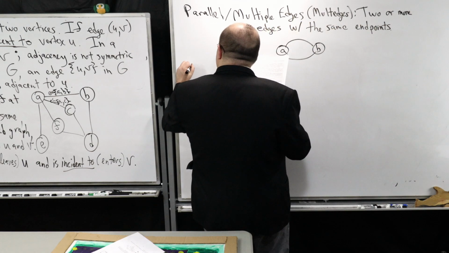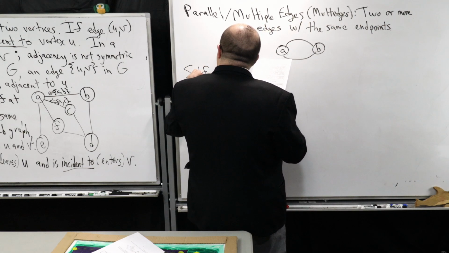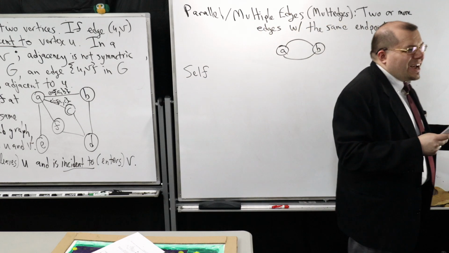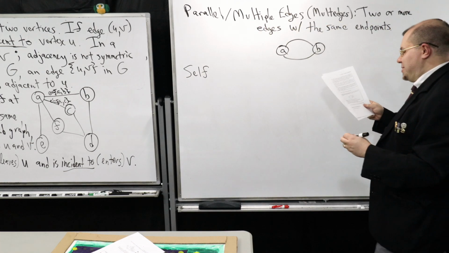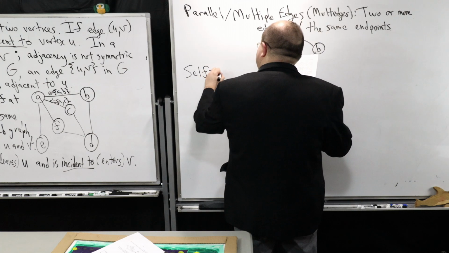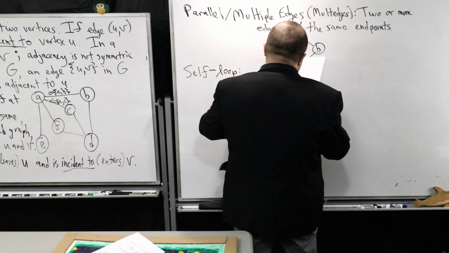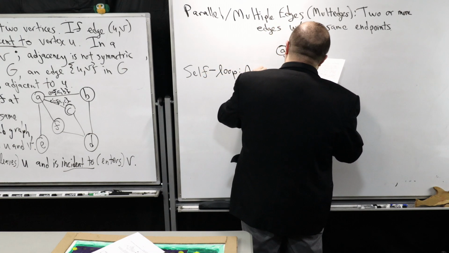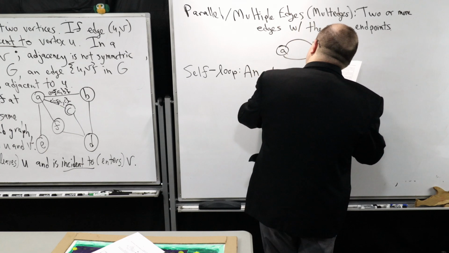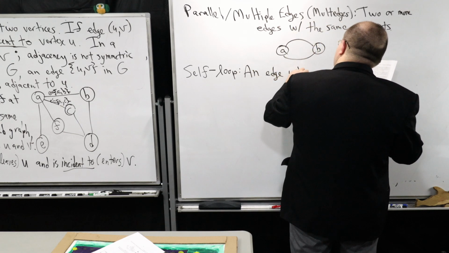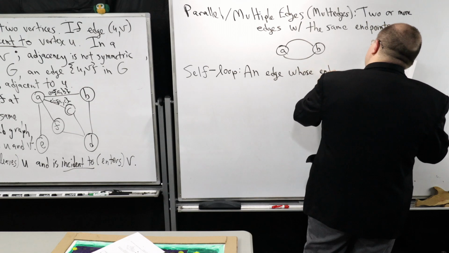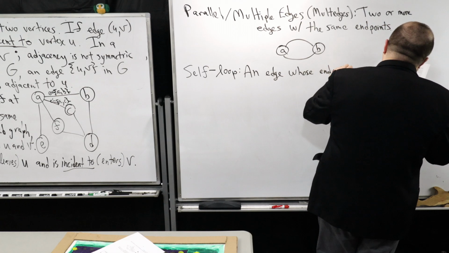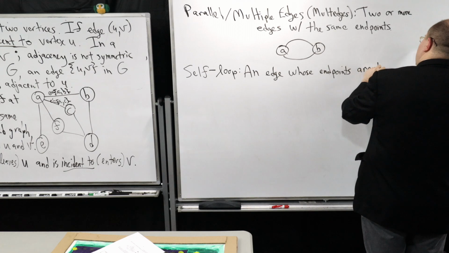Now, I can also introduce edges that only really have one endpoint, but we count it as two in some circumstances. It's the notion of a self-loop. So this is an edge whose endpoints are the same vertex.